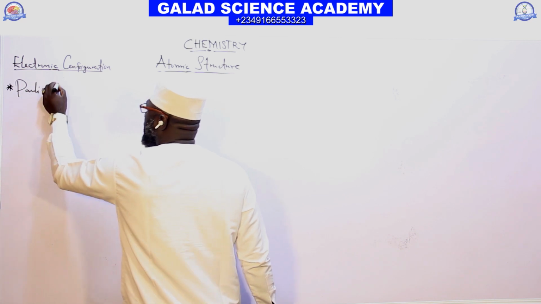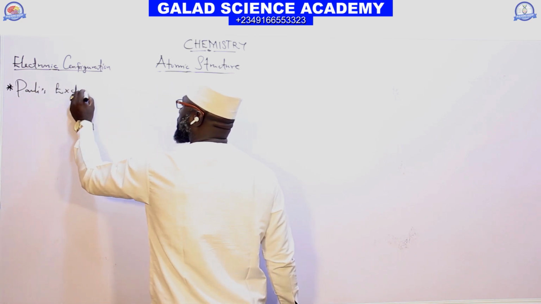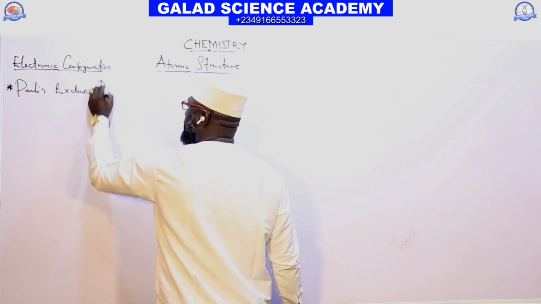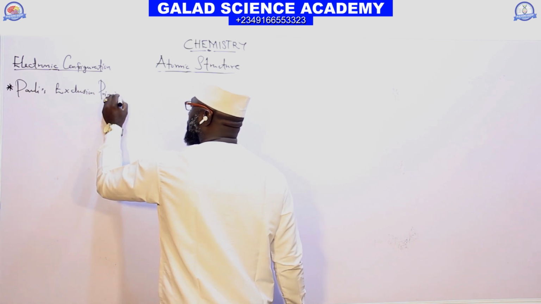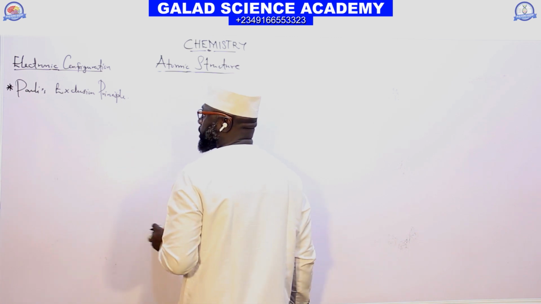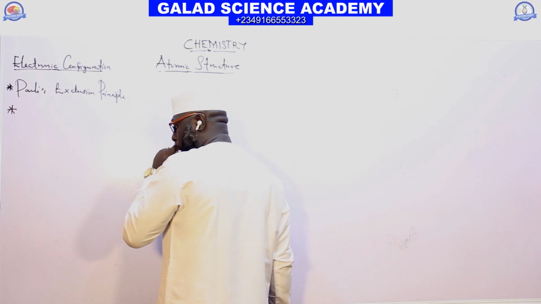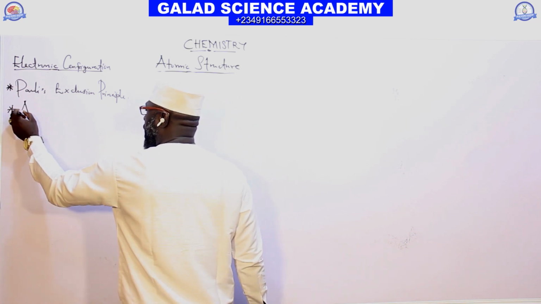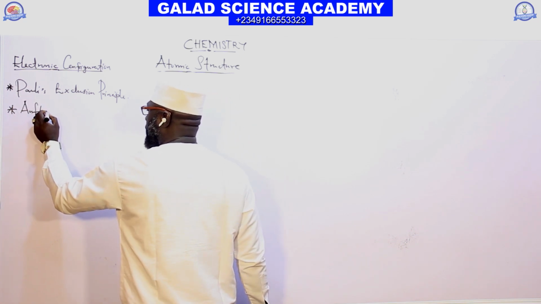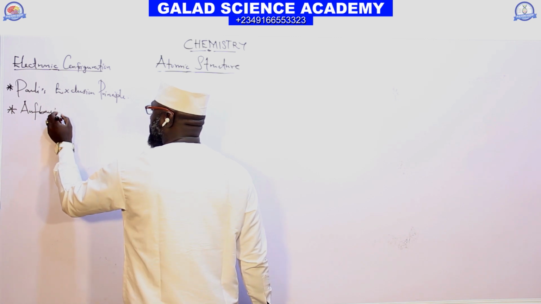Pauli exclusion principle. Number two, we have what we call Aufbau's rule.